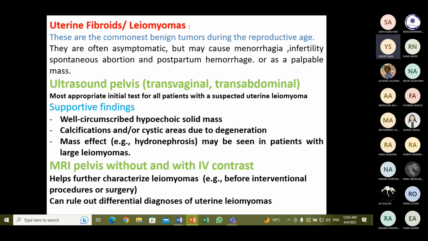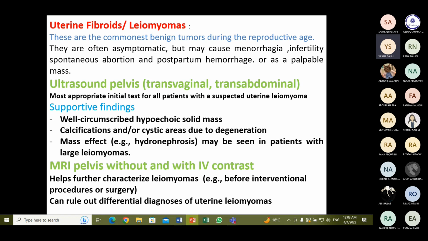How do we diagnose this uterine fibroid? What are the features of uterine fibroid? We said it is common and usually found incidentally. So we have a well circumscribed hypoechoic solid mass, not a cystic mass. This uterine fibroid commonly demonstrates calcification, so we often find calcification. As you remember, we talked about the causes of calcification on abdominal X-ray, and one is the uterine fibroid.